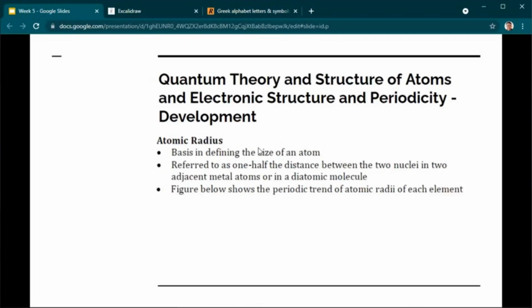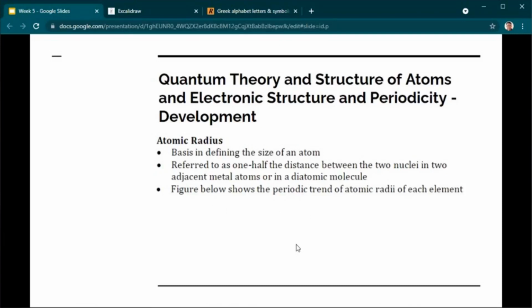Next, atomic radius. It is the basis in defining the size of the atom, referred to as one half the distance between the two nuclei in two adjacent metal atoms or in a diatomic molecule. The figure below shows the predicted trend of atomic radii of each element.